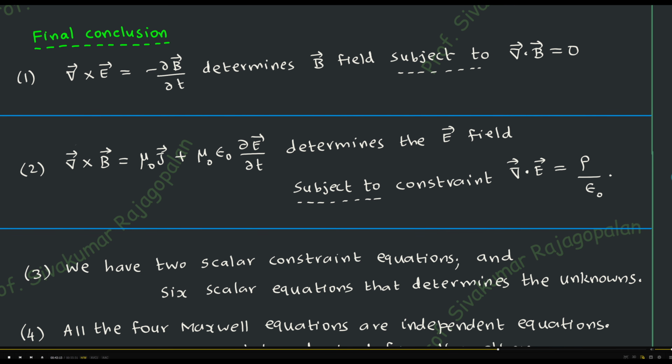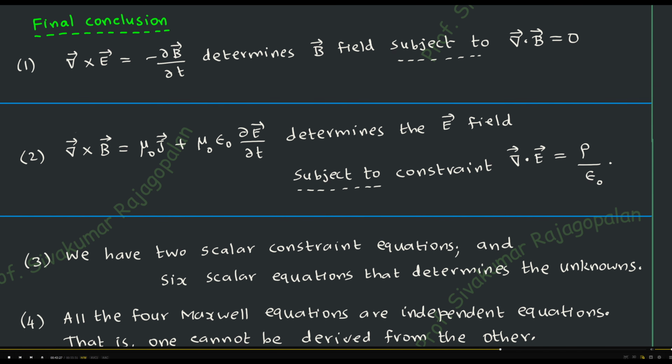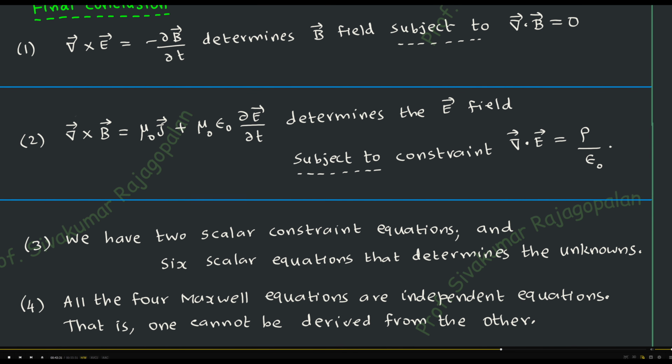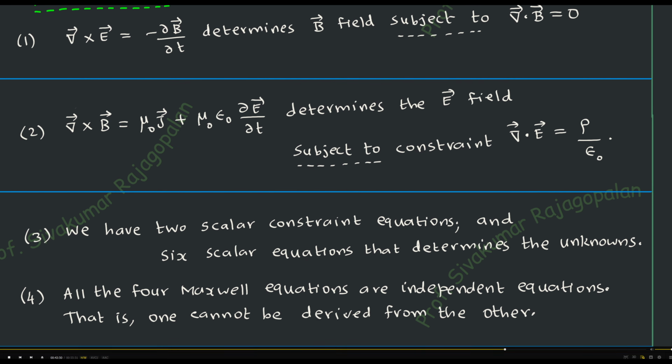So we have reasonably understood in a much better way how the Maxwell equations themselves work, and that resolves the paradox, or the contradiction that you had earlier. Now it is clear that only 6 scalar equations are there, and the extra two equations are only for the purpose of constraint. It is valid at all times. That's important.